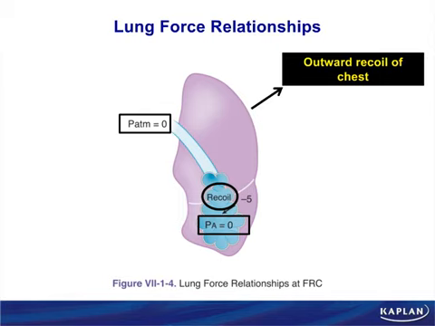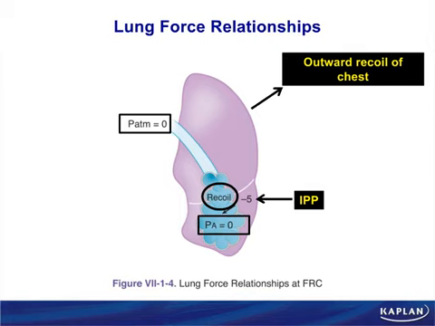Where those two forces balance or counterbalance one another or offset one another, that creates FRC. This outward pull of the chest and inward pull of the lungs creates a negative, in other words, subatmospheric interpleural pressure. So notice here that interpleural pressure is -5.